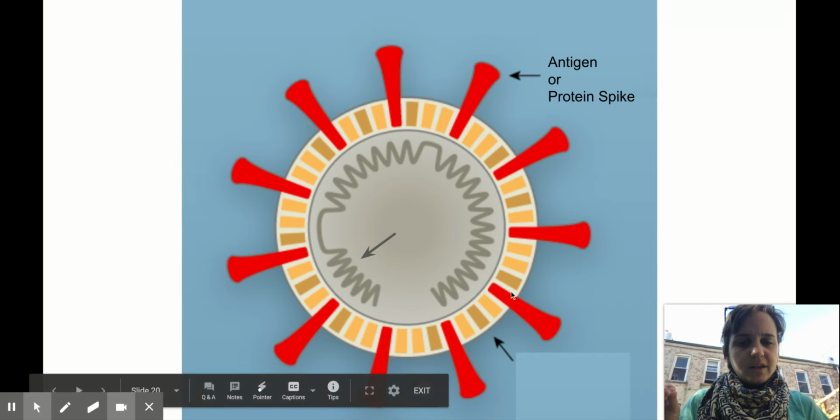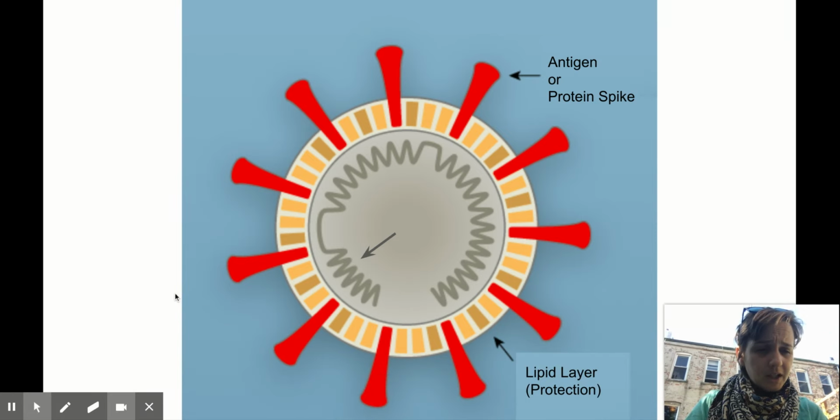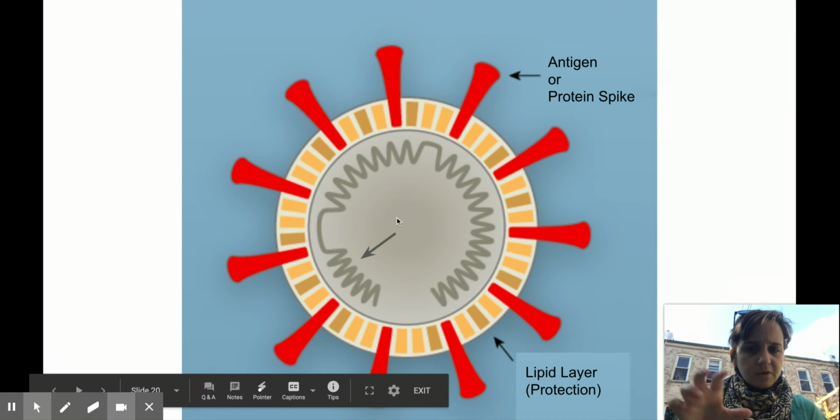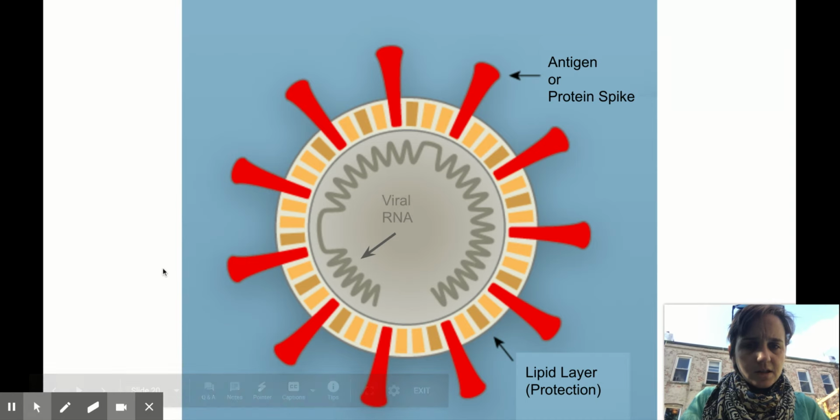How about my yellowy orange items that go around the outside? This is my lipid layer. This is the protection around the outside of my virus. And then there's something inside that's extremely important, so important that we're going to protect it with a layer of fat, and that is called my viral RNA.